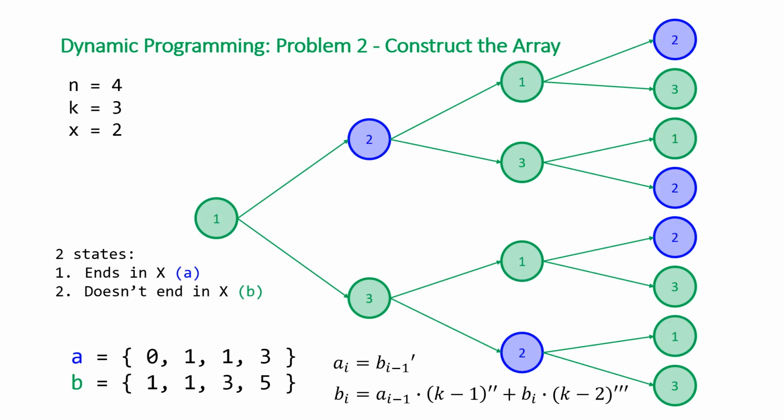The only thing that's different is that we are now having a0 initialized to 1 because the number of elements that end in x at our initial state is 1, and b0 is equal to 0. And so all we have to do is basically change the initialization values of the first index of our arrays, and then we can arrive at the correct solution.